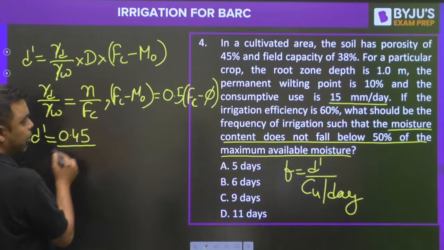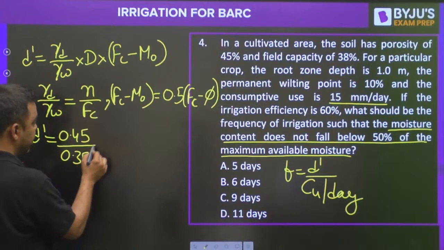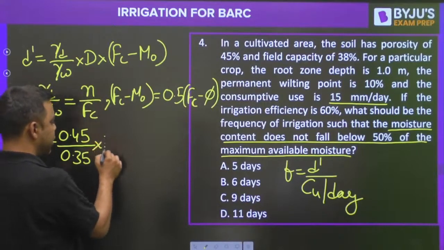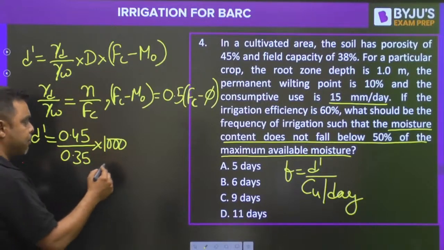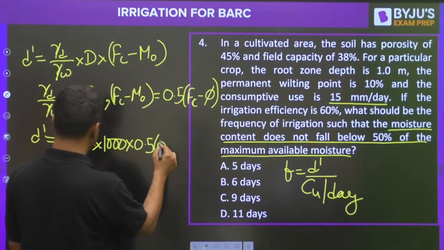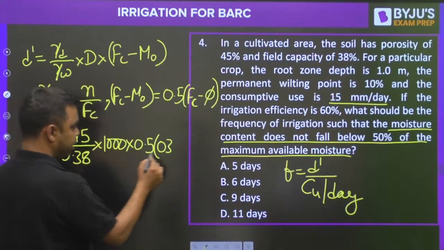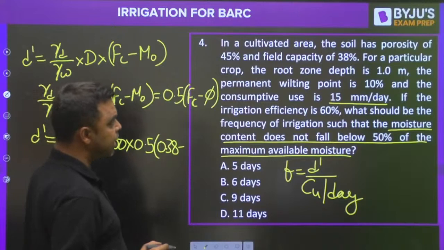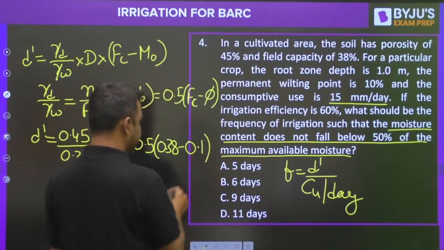So now D dash would be equal to, how much is porosity? 0.45. And field capacity? 0.38. Root zone depth? 1 meter, so let me put 1000 so that I get D dash in mm, into 0.5 of FC, 0.38 minus phi, which is 0.1.